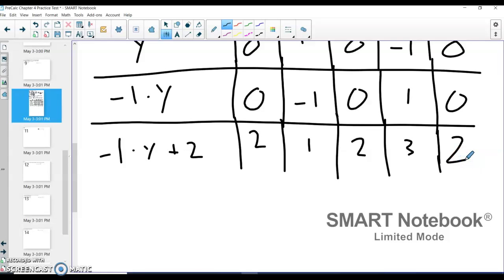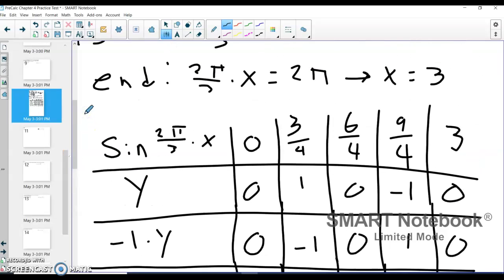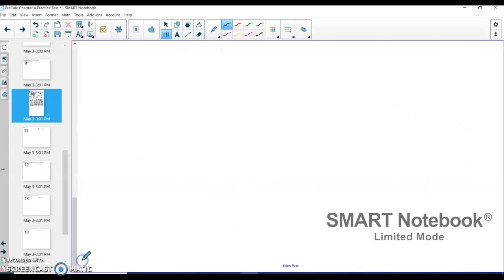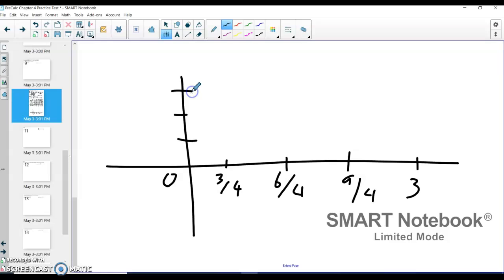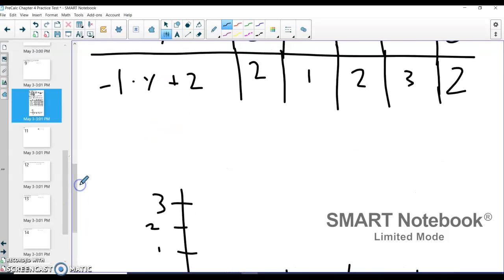I'm going to use those y's and these x's up here to graph. So making my table, it goes 0, then 3/4, then 6/4, then 9/4, then 12/4, which is the same thing as 3. I am up here at 1, 2, and 3. The first one is at 0, 2, so that's my first point.